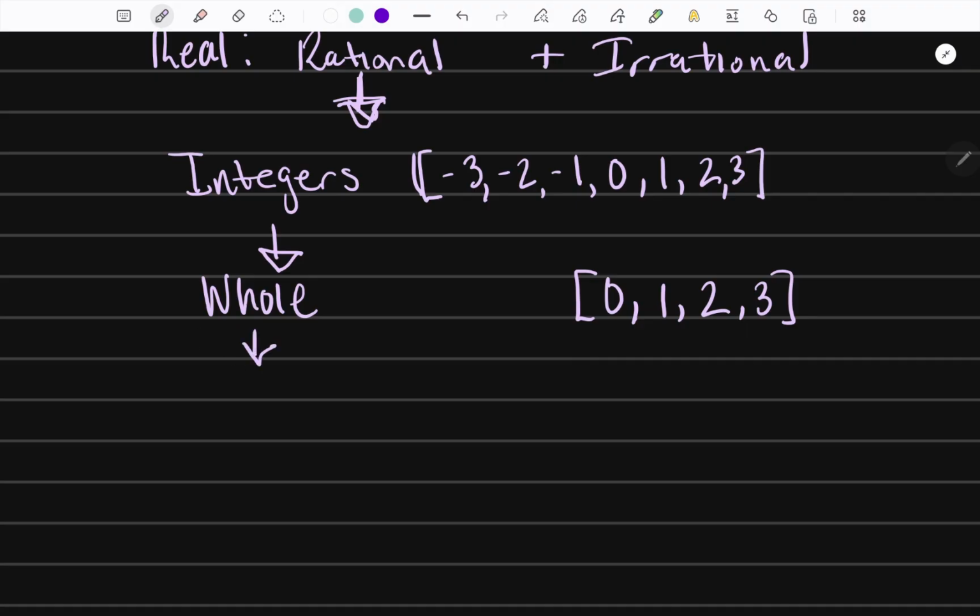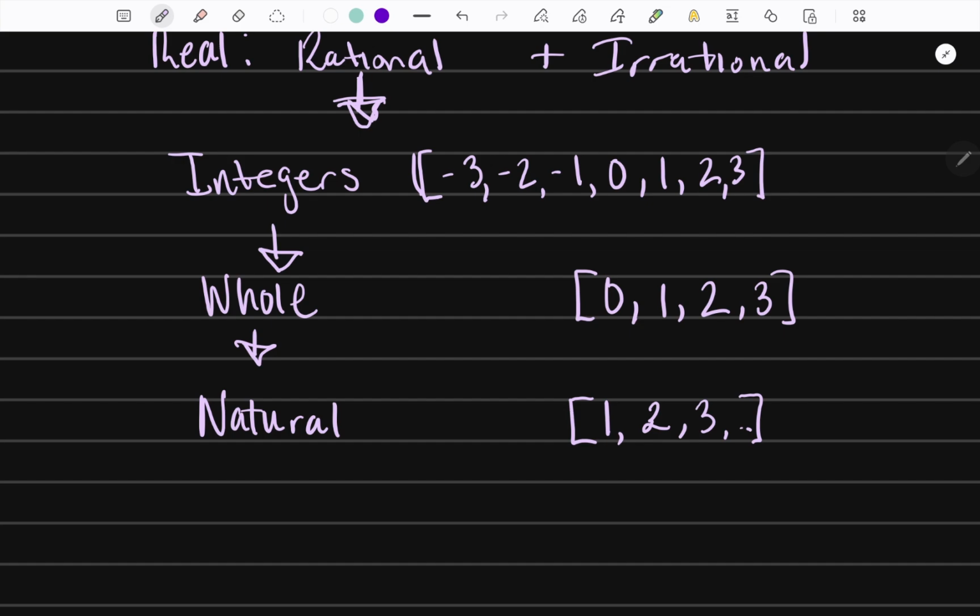And then whole numbers are composed of natural numbers, which is 1, 2, 3, and so forth.